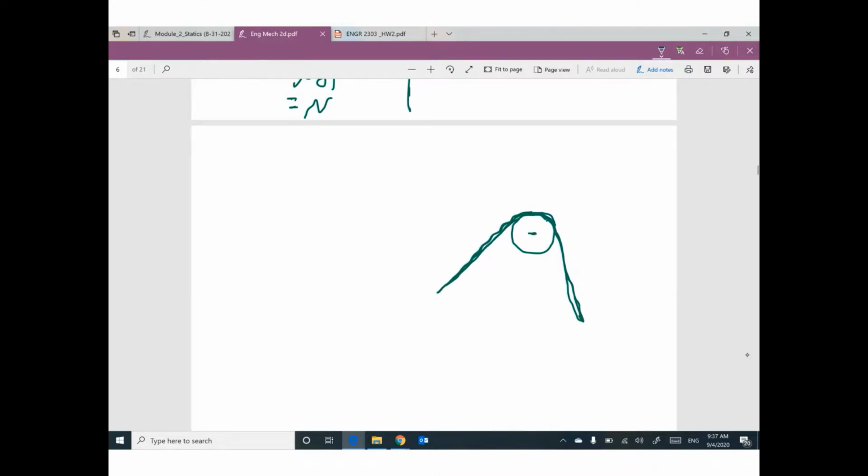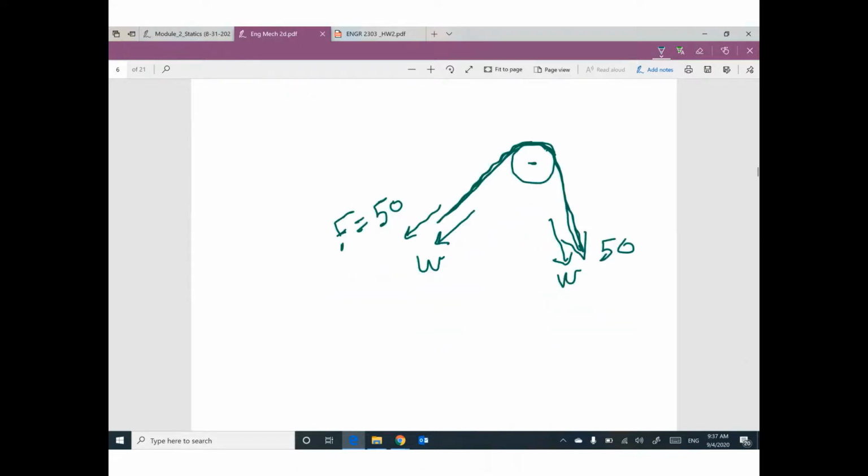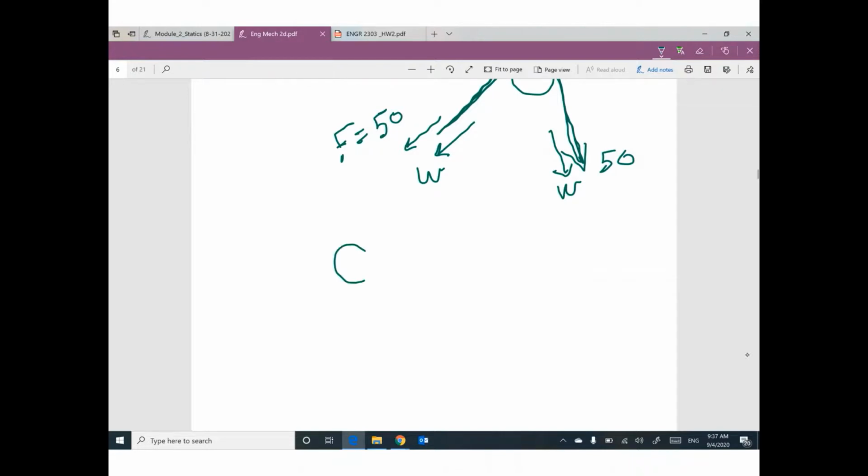If you apply a force here equal to 50, the force in the opposite direction must also be 50. If you apply a force W here, you have another force W here. So if you have a pulley like this with a weight of 500 and a rope around it, this force must also be 500.